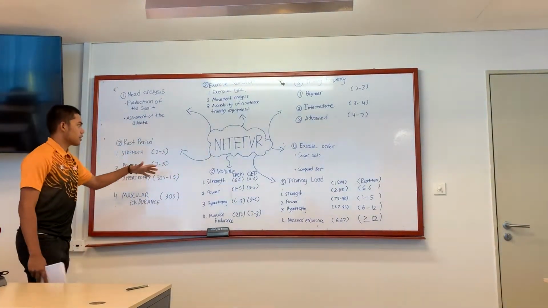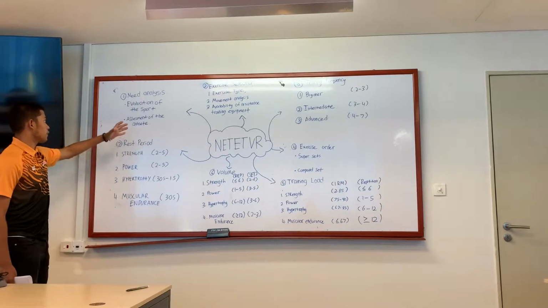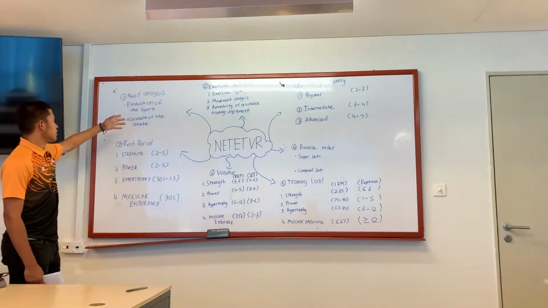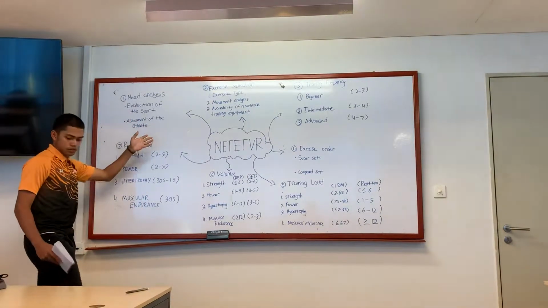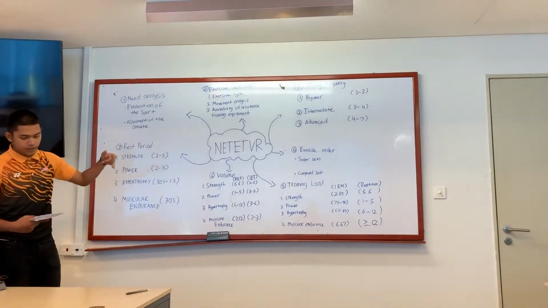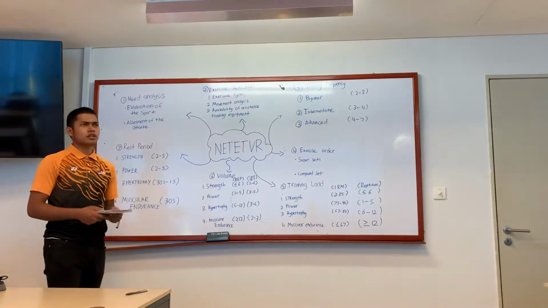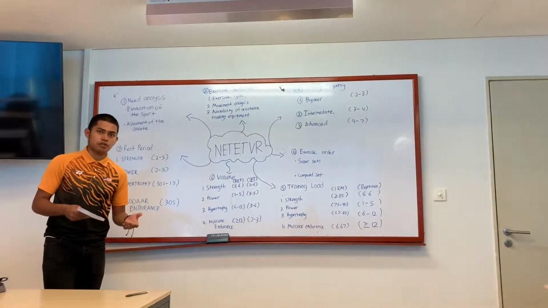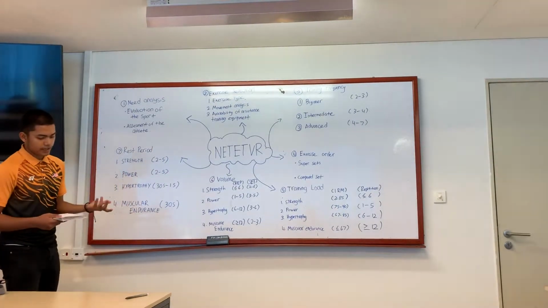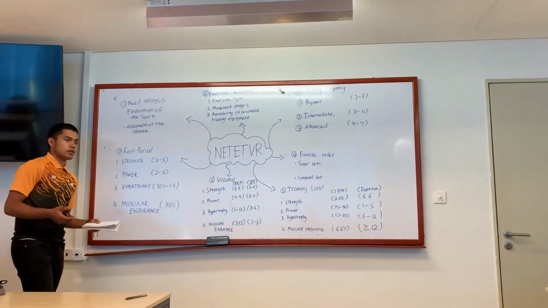Okay, first method VR. We will start with need analysis. So what we need to analyze is the evaluation of the sport. The evaluation of sport is like training status. For example, the athlete is beginner, intermediate, professional, or advanced. Next, the type of training program.